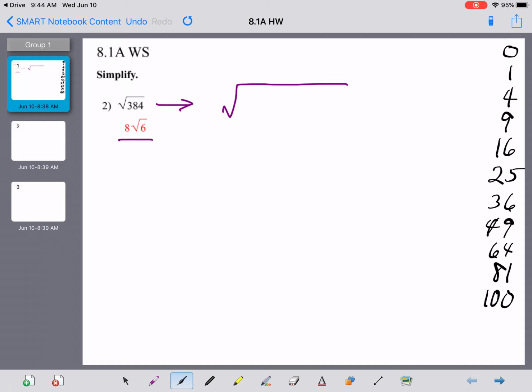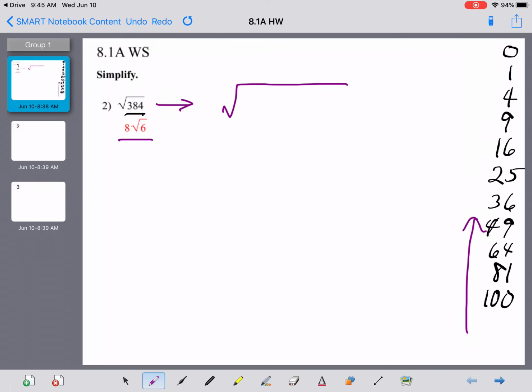So what we're doing is we're looking at this original radicand here of 384, and we're trying to find a perfect square that divides evenly into it. Now, the one thing I got to warn you about is that people tend to look at this list and to read it going from top down to bottom. That is not the way you want to do that. You really want to do the opposite here and run it up this way.